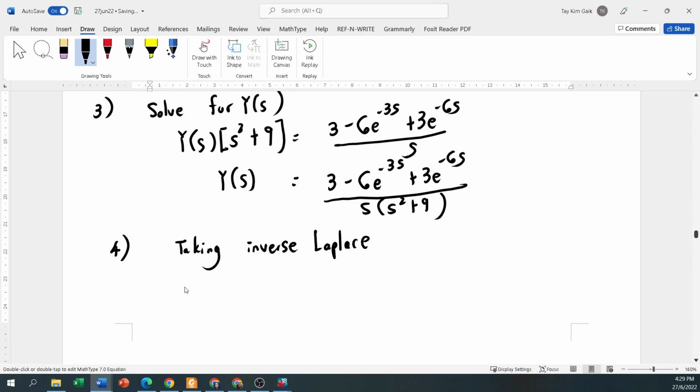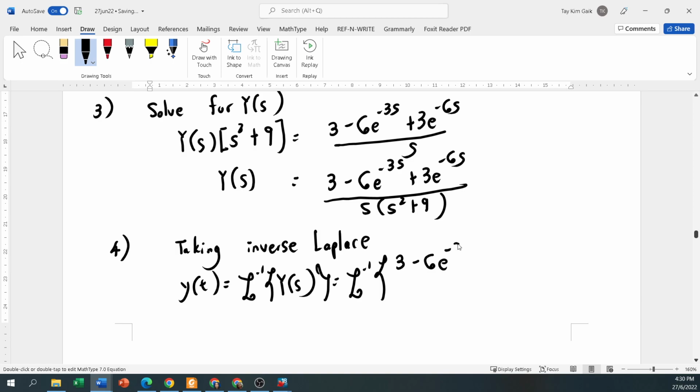You get y(t), which is the inverse Laplace of Y(s). So the inverse Laplace of 3 minus 6 exponent negative 3s plus 3 exponent negative 6s over s squared plus 9.